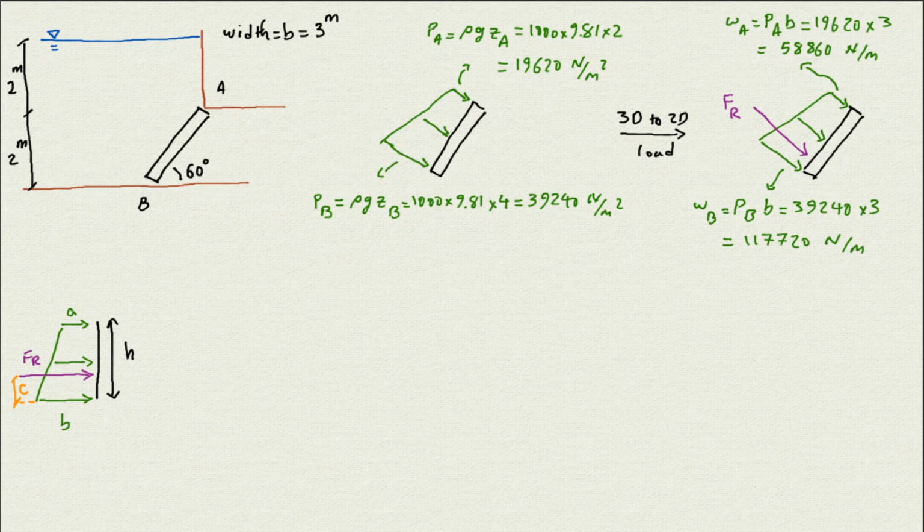So we'll know that the magnitude of the FR is going to be the area of the trapezoid, and the location of the FR is going to be 1/3 of (2A plus B) divided by (A plus B) times H. So we use this equation to find the magnitude of the FR, and if we need the location, to find exactly where it is.